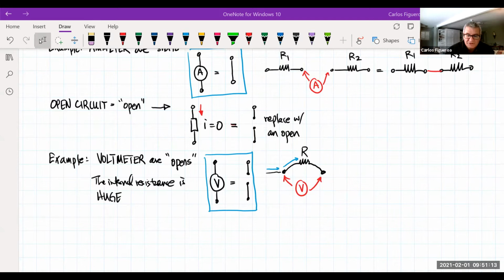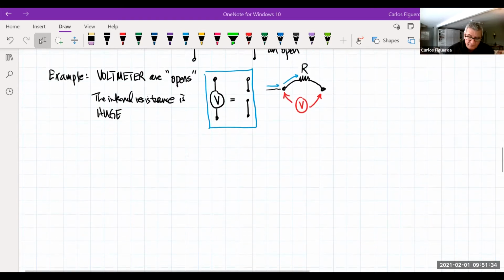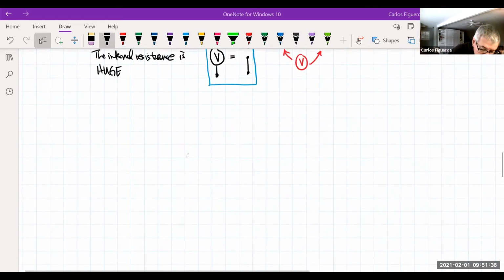Ideal current sources are always opens, because they always keep the current at 0 amps no matter what is going on with the circuit. But that's just kind of crazy, because that's not the way we really want to look at these things. So here we go. I want to go to the last piece of the lecture, and I want to talk about dependent sources.